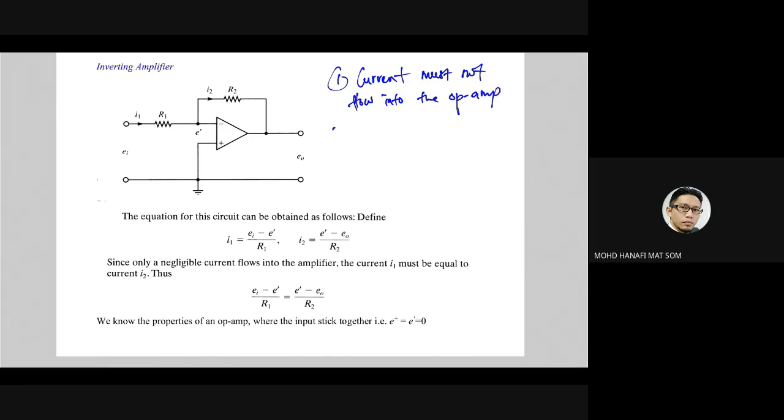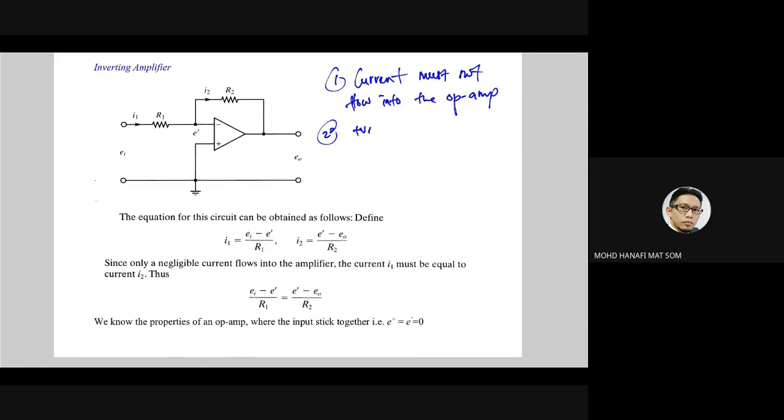The second rule is that the potential at the positive terminal must be equal to the potential at the negative terminal. So the op amp will have a similar potential at the negative terminal and at the positive terminal. Using these rules, we can obtain the equations here.